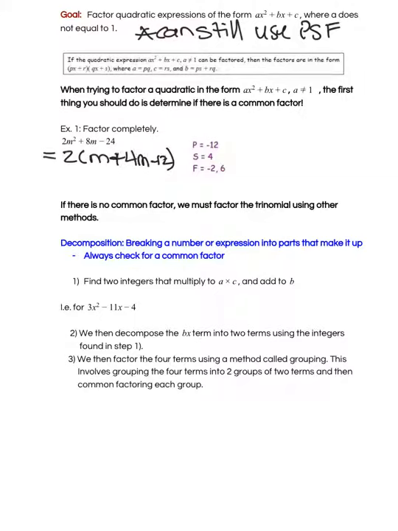So now I'm going to look for two things that multiply to negative 12. Those two things are going to add to 4, and they happen to be negative 2 and positive 6. So I'm going to leave my 2 outside, and then I'm going to have m minus 2, m plus 6. Feel free to go over yesterday's video if you need to go over that one more time.